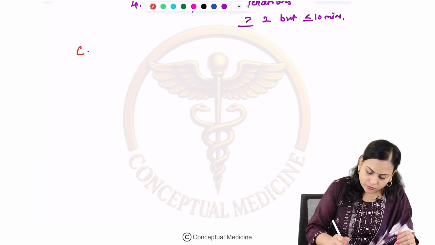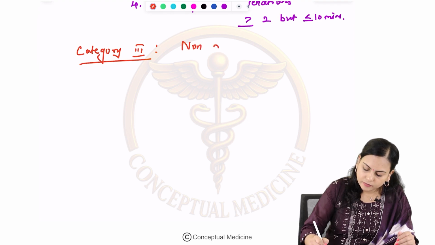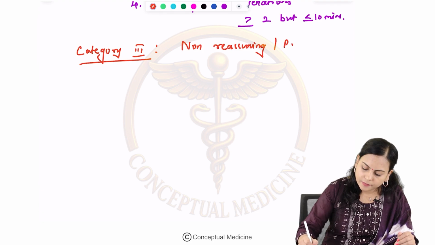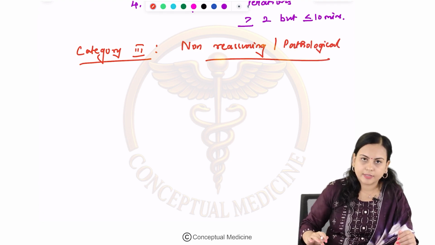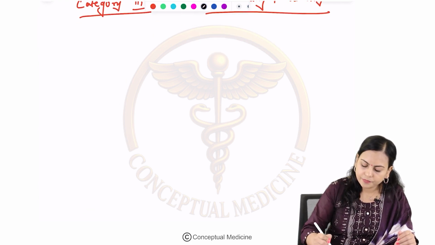Next one, we are going to discuss about the category 3 NST, which is a non-reassuring NST or a pathological NST. Okay. So, what are the features we will have here?